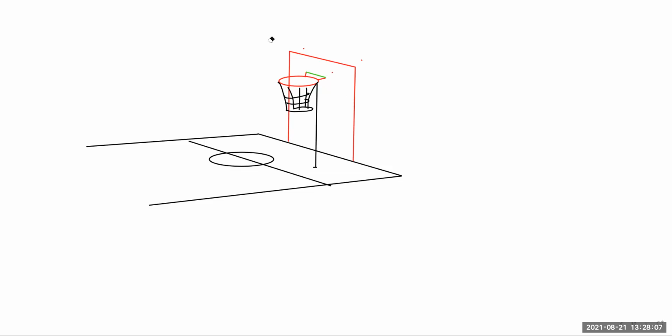Maybe 8.5 meters. Okay, let's call it 8.5 meters. And now there is a fellow standing in front of this basket, somewhere here.